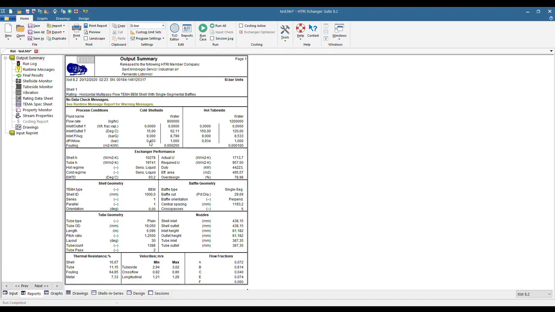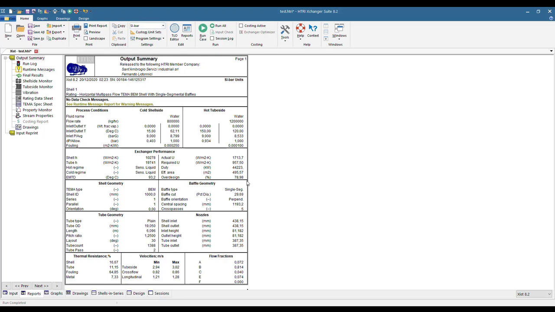So both pressure drops are within the allowable pressure drop. The shell side coefficient is 10,000, tube side is 19,000. Very high coefficients, of course.